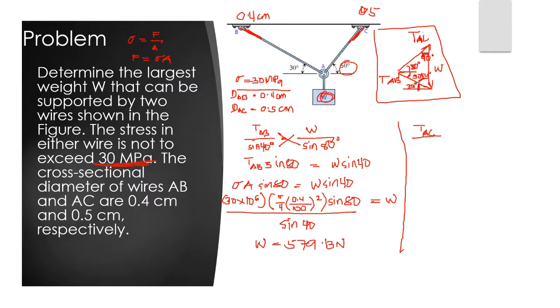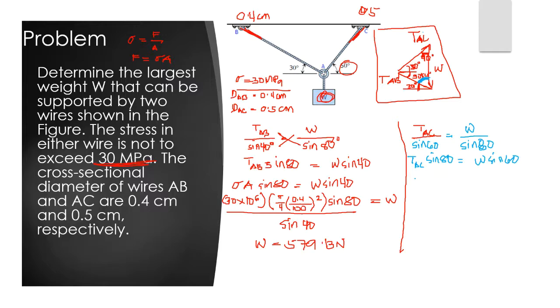So that is this side. So TAC over sine 60 is equivalent to W over the opposite angle, which is 80. The same goes here. We have TAC sine 80 is equivalent to W sine 60.